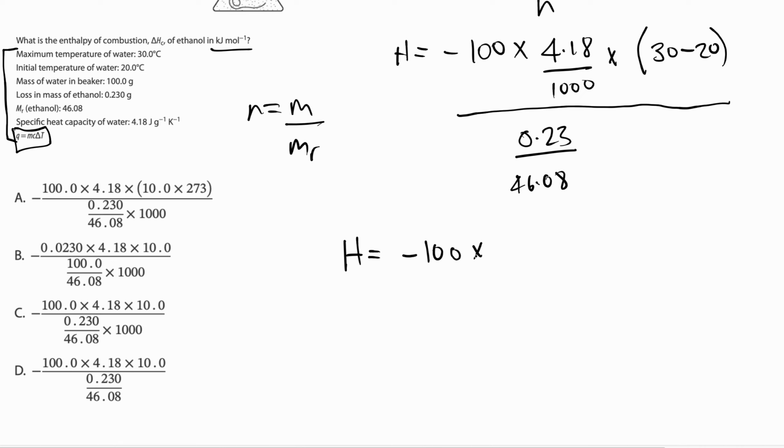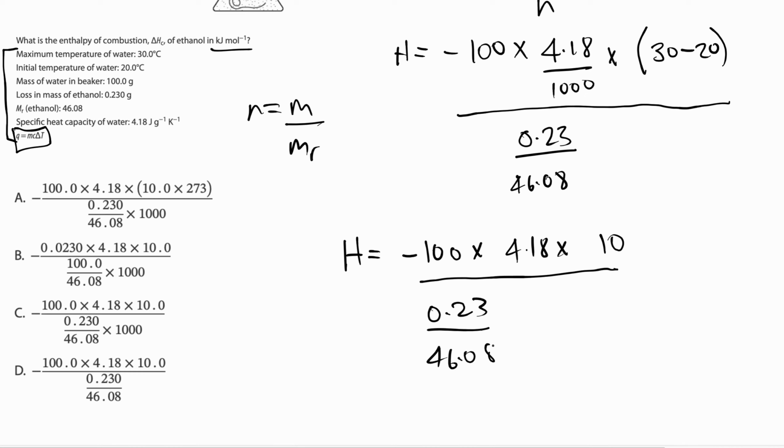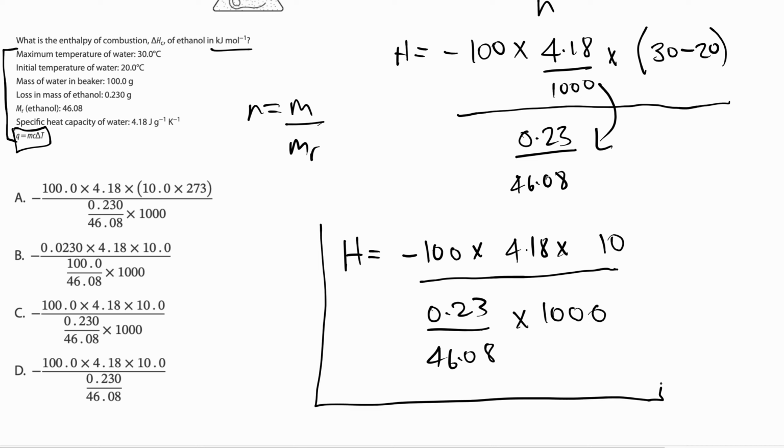So negative 100 times 4.18 times 10 divided by 0.23 over 46.08, and this 1000 just goes down, so instead of divide by 1000 it becomes times by 1000 in the denominator, and that is the enthalpy change and the enthalpy of combustion of ethanol.